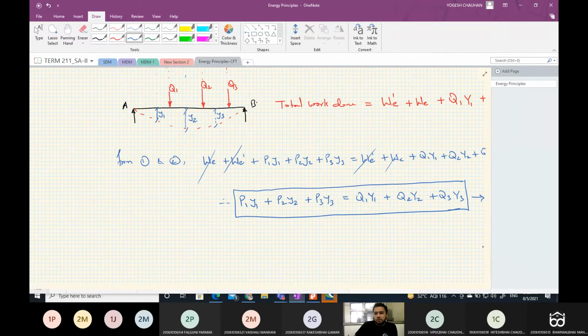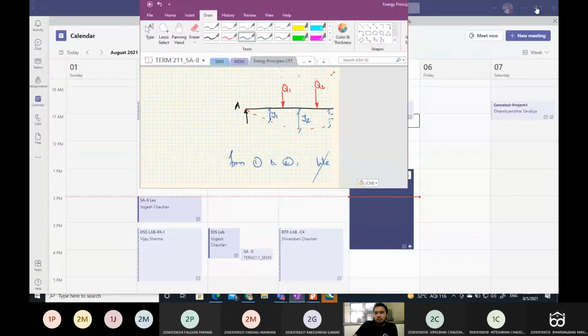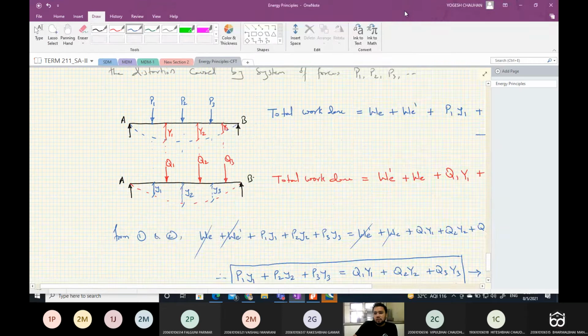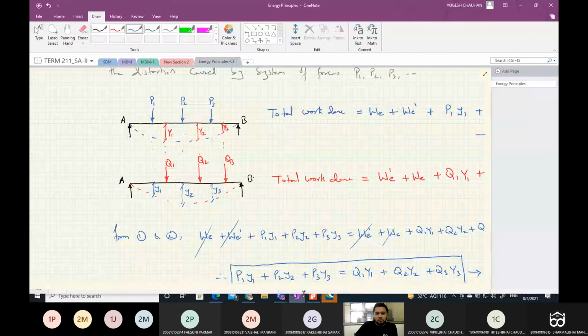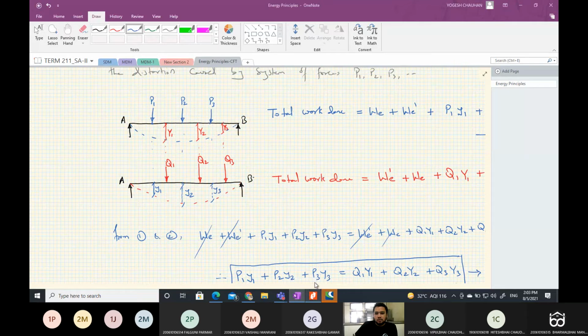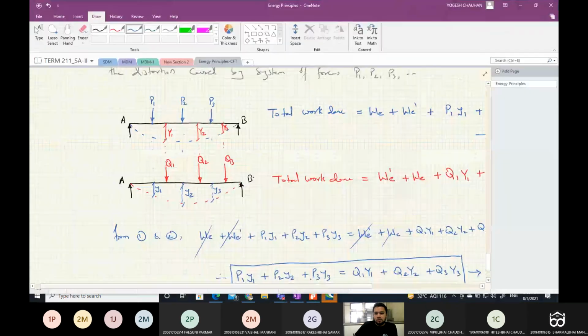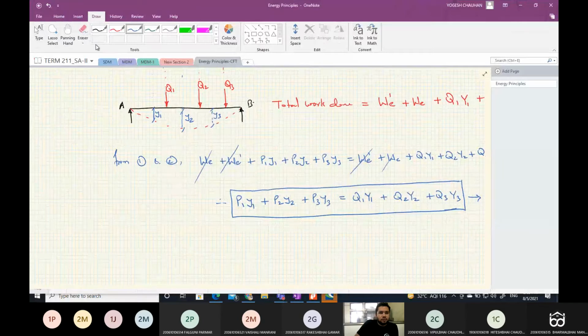So now let us go through Castigliano's first theorem.